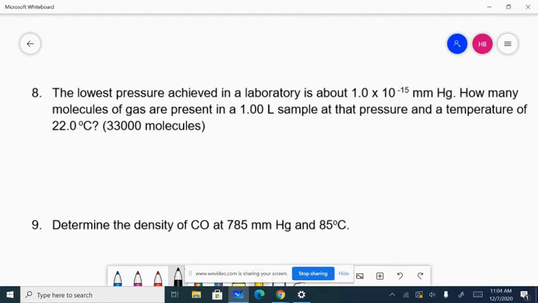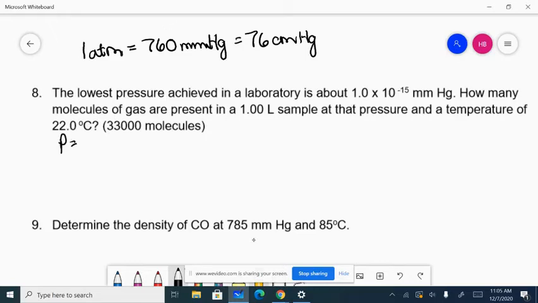You can also see centimeters of mercury. So 1 atmosphere is equal to 760 millimeters of mercury, or 76 centimeters of mercury. So let's work on that conversion factor.